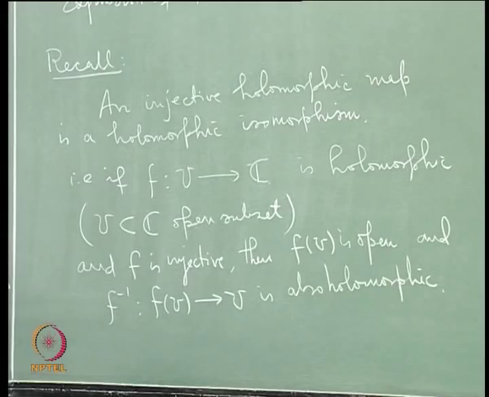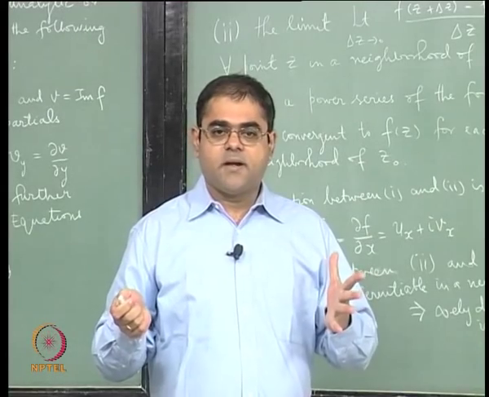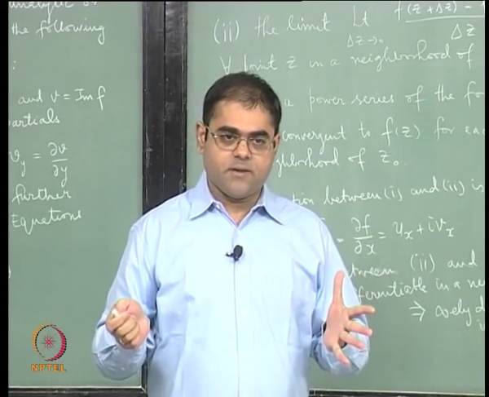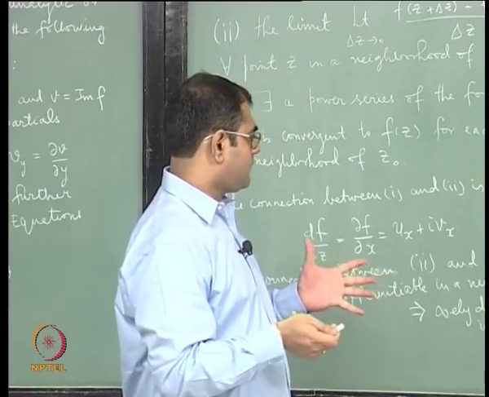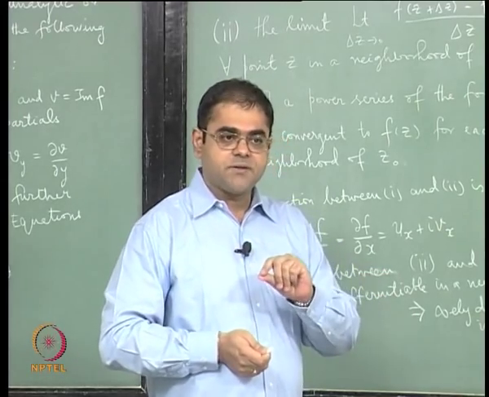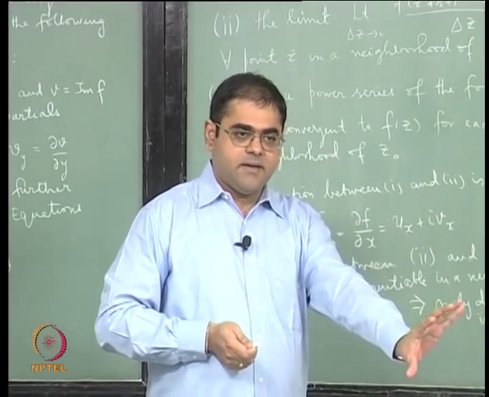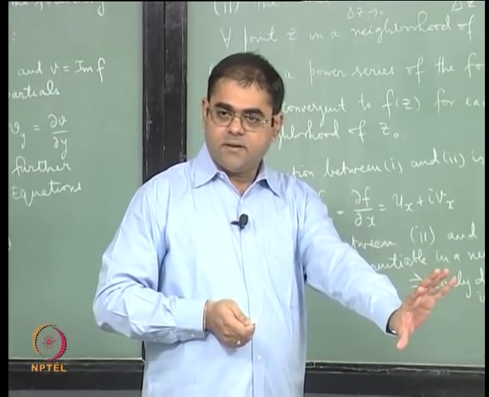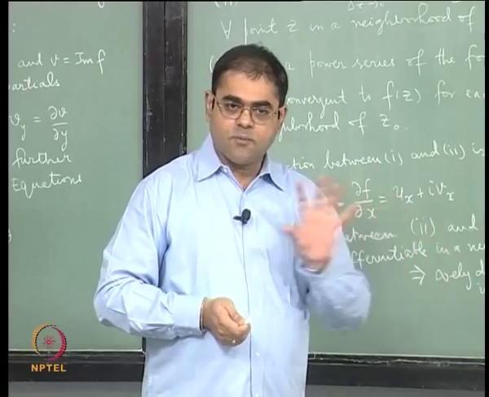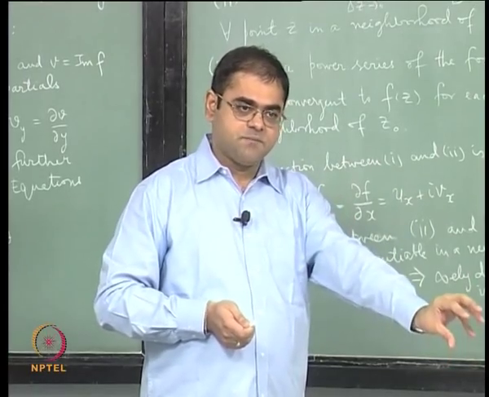So therefore the important thing about this is that if you have a holomorphic map and you know that it is injective, okay, then you do not have to put the extra condition that the image of the open set on which it is defined is open, okay, that comes automatically because it is an open map, which means it takes open sets to open sets.